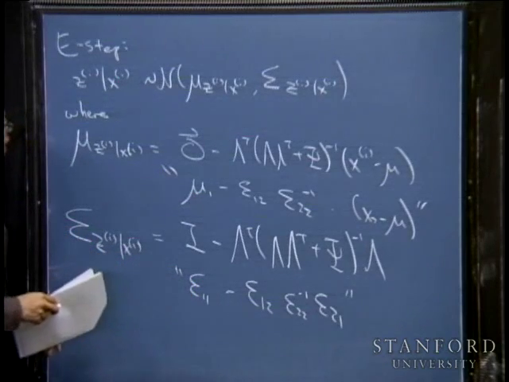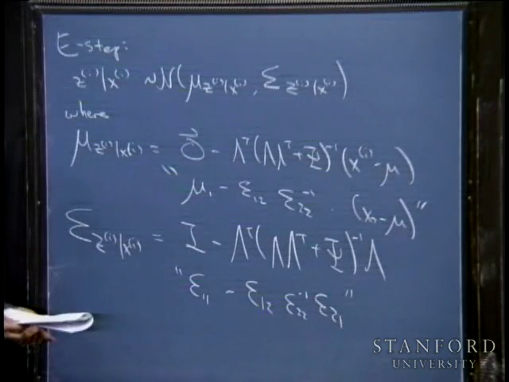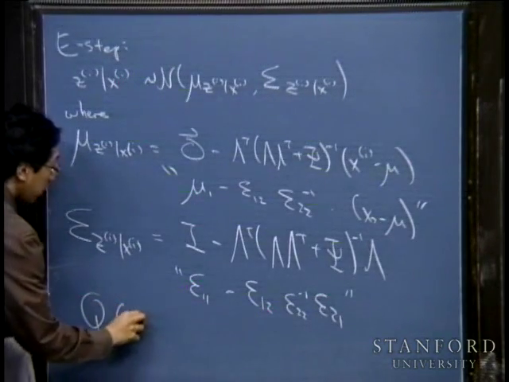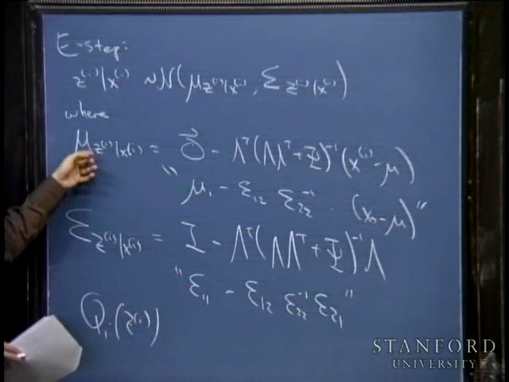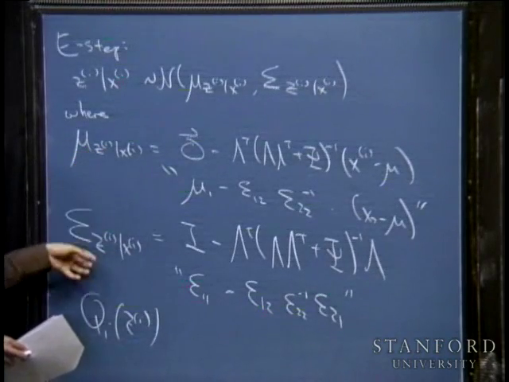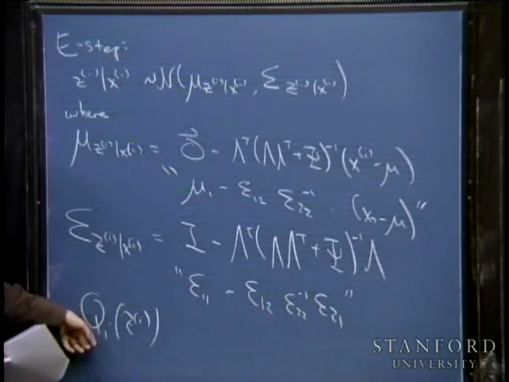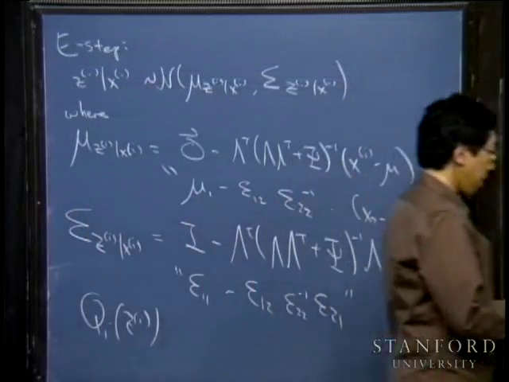Okay, and so this is the E step. You need to compute the Q distribution, excuse me, Qi of Zi. And to do that, what you actually do is you compute this vector mu of Zi given Xi and sigma of Zi given Xi. Together, these represent the mean and covariance of the distribution Q, where Q is going to be Gaussian. So that's the E step.